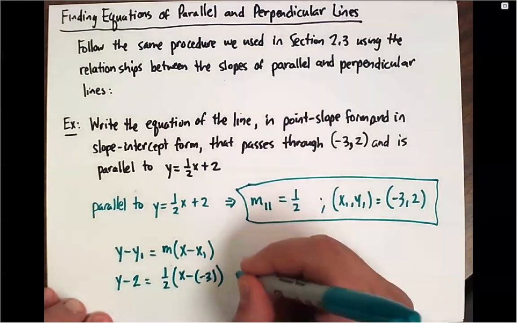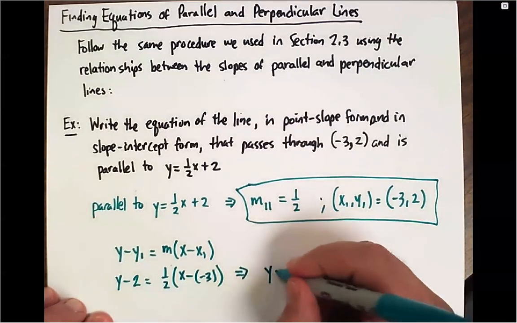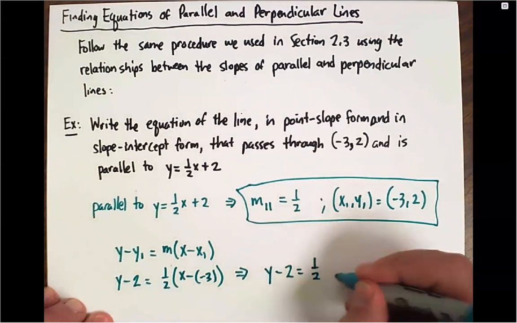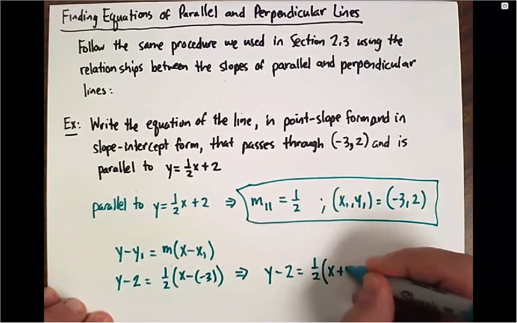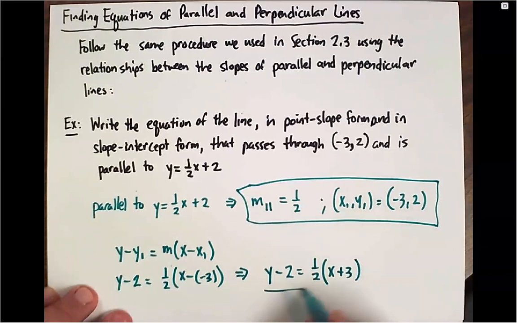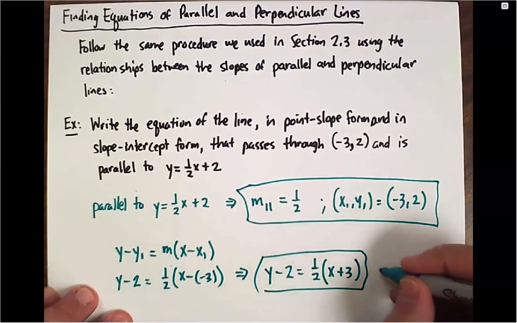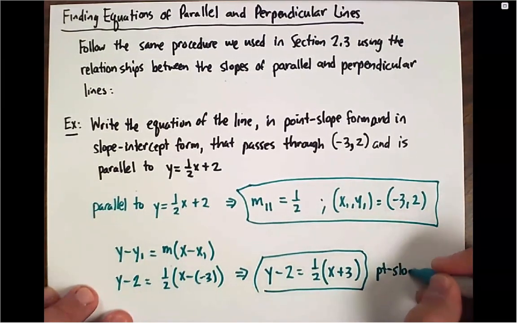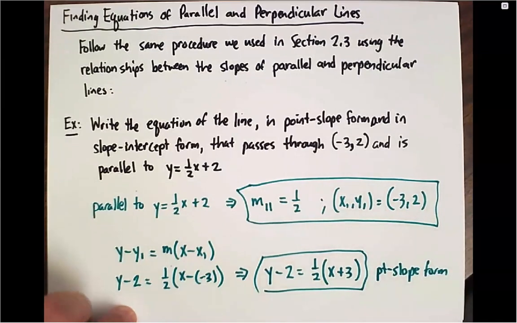And if I simplify that, I end up with y minus 2 equals 1/2 times x plus 3. That's point slope.